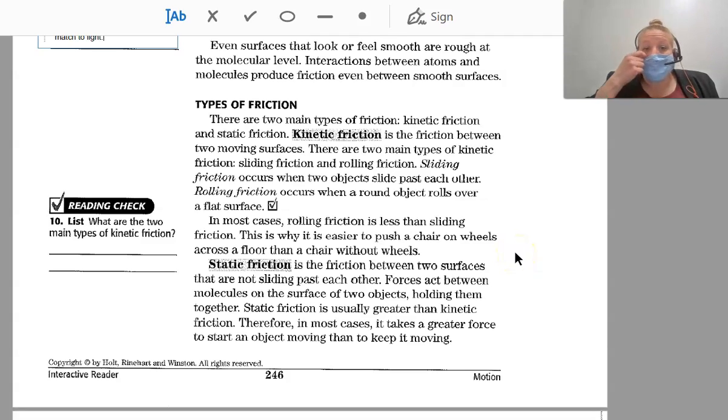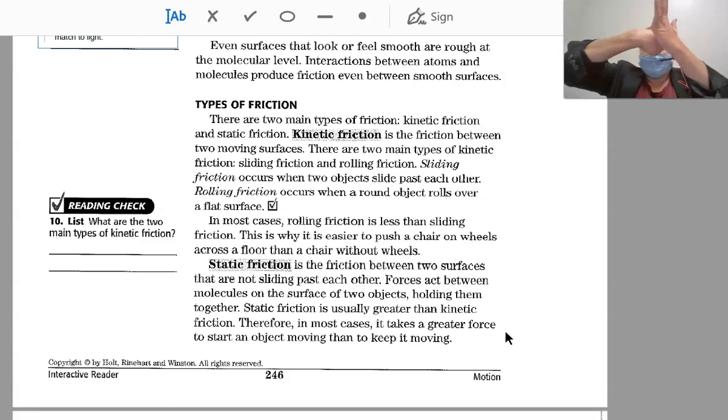Types of friction. There are two main types of friction: kinetic friction and static friction. Kinetic friction is friction between two moving surfaces. There are two main types of kinetic friction: sliding friction and rolling friction. Sliding friction occurs when two objects slide past each other. Rolling friction occurs when a rolling object rolls over a flat surface.